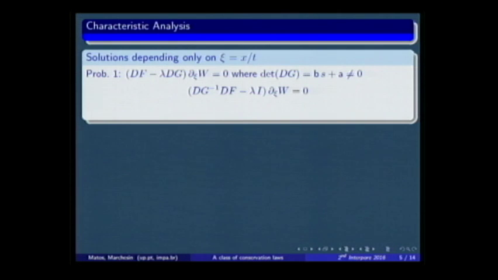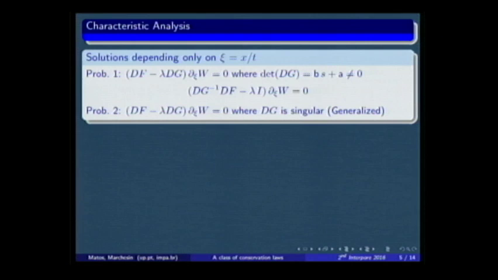Well, the first problem leads to a common eigenvalue problem, since if you look for eigenvalues, you have this matrix, but since the determinant of the G is exactly what we ask to be non-zero, we can solve this as a common eigenvalue problem.